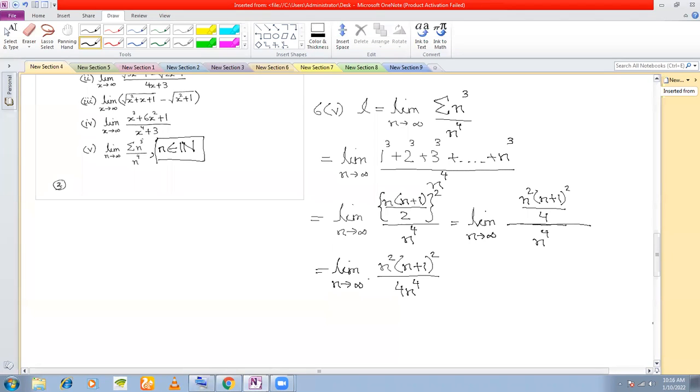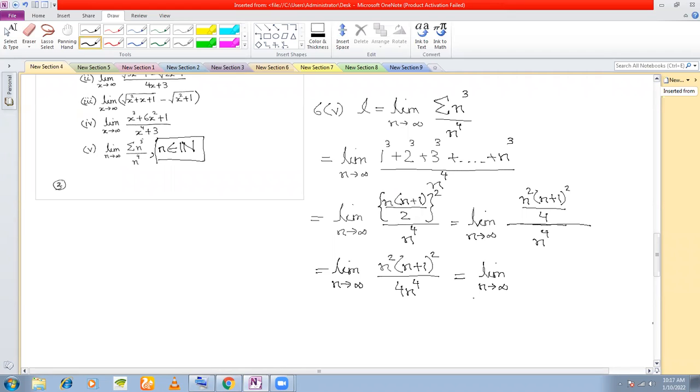Okay. Now again, is this a rational polynomial function in n or not? Yes, sir. And what is the highest power in the numerator? 4, because n plus 1 square will give you the highest power 2, and you already have a product with n square. So the highest power in the numerator is 4. Also, the highest power in the denominator is 4.